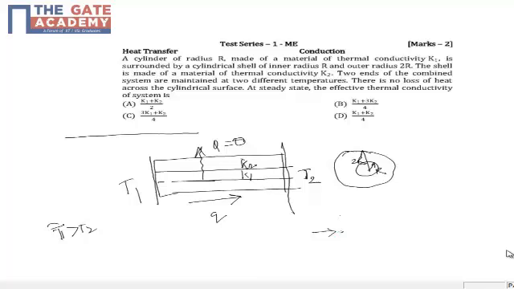Either it can choose material 1 or it can choose material 2. So this is basically a parallel thermal circuit. You have Q which splits into Q1 and Q2.